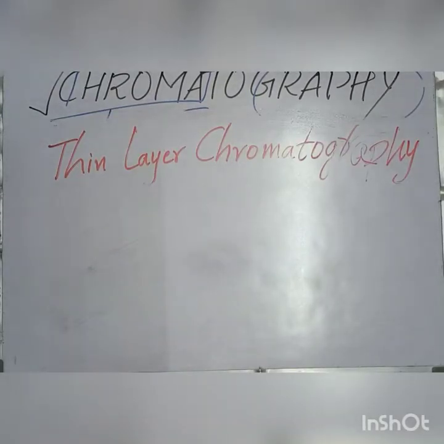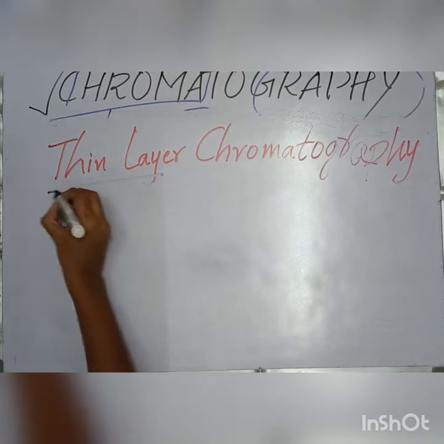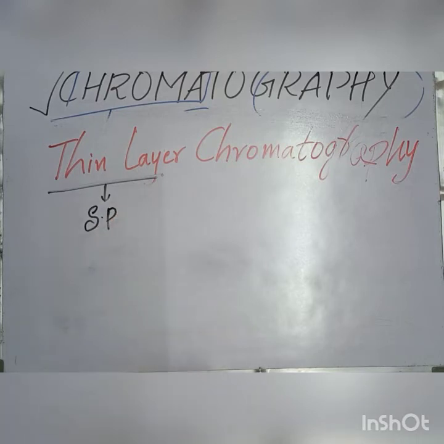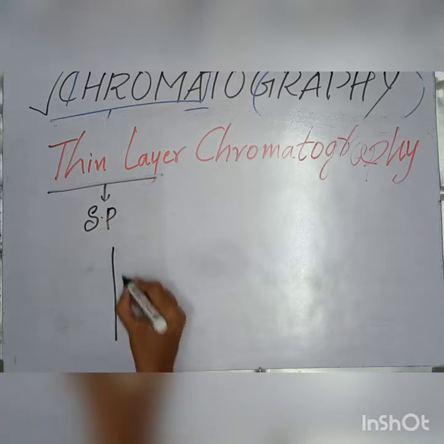Now the next type of chromatography is thin layer chromatography, right? In this one we are using a thin layer of stationary phase. In the same way, we take one glass plate.